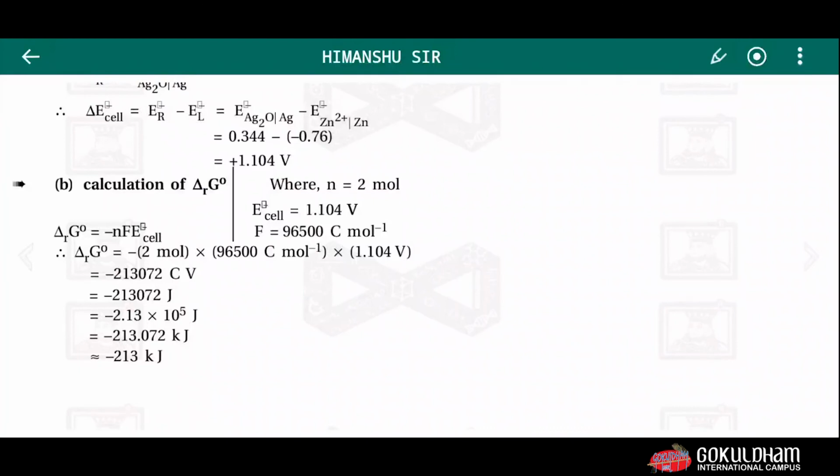So your answer is in coulomb into volt, then that coulomb into volt is converted into joule. So your final answer is minus 2.13 into 10 raised to 5 joule. If you want that answer in kilojoule, then your answer will be minus 213.072 kilojoule.